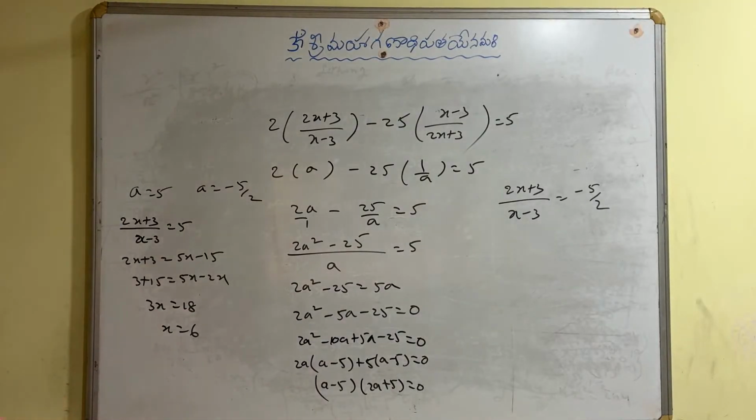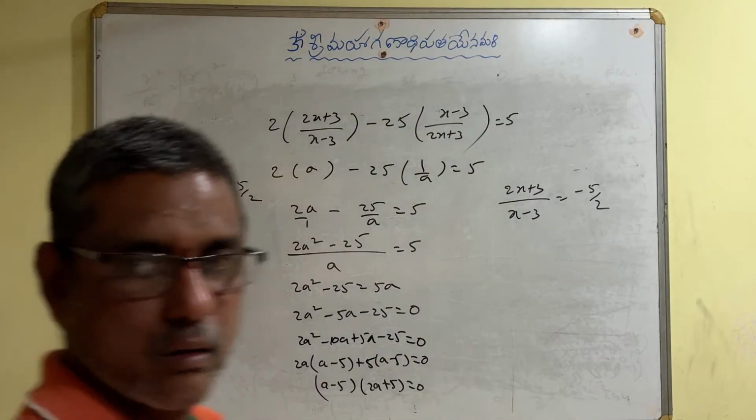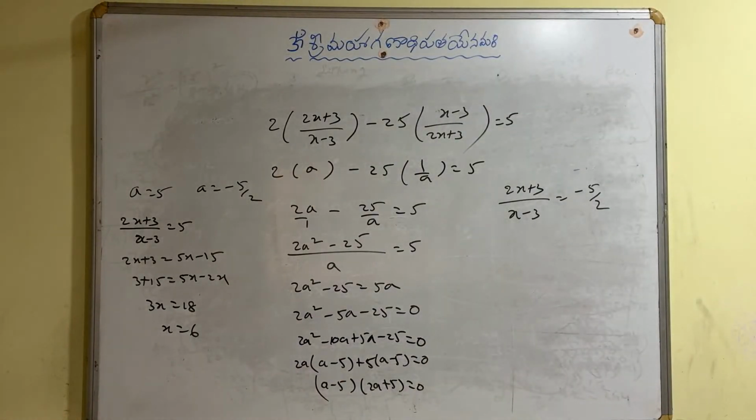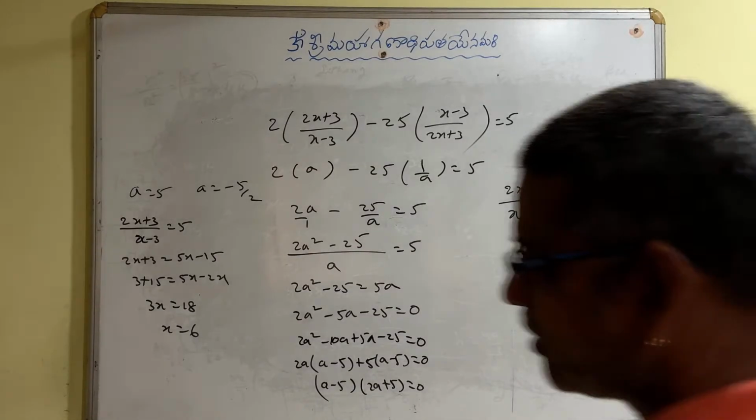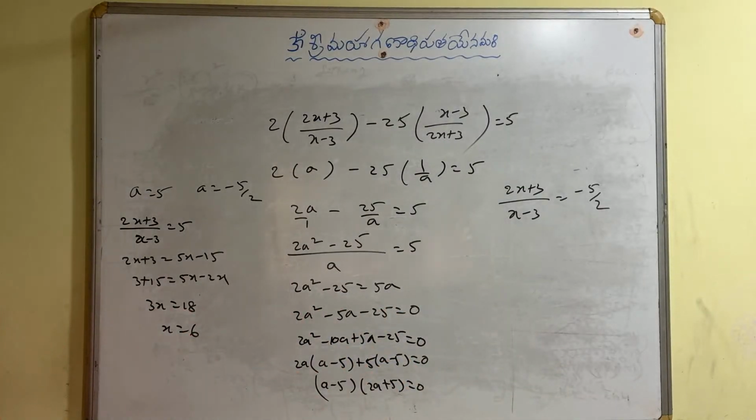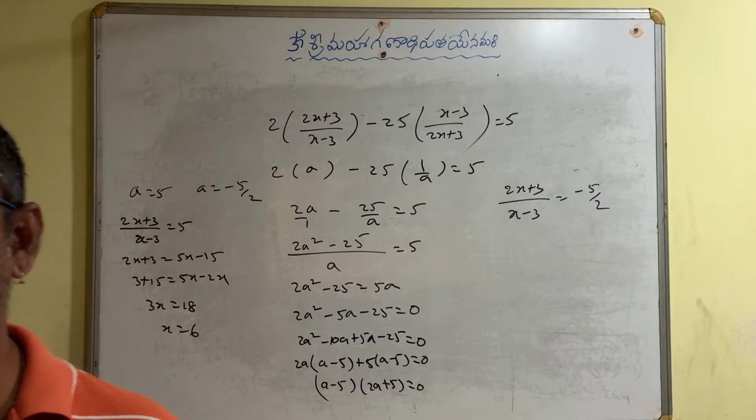Do fast. X will be 1. So x value is 1 or 6.